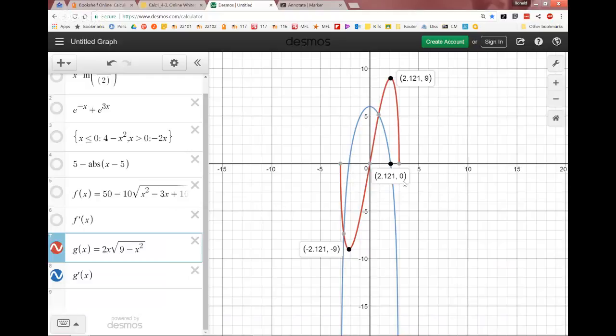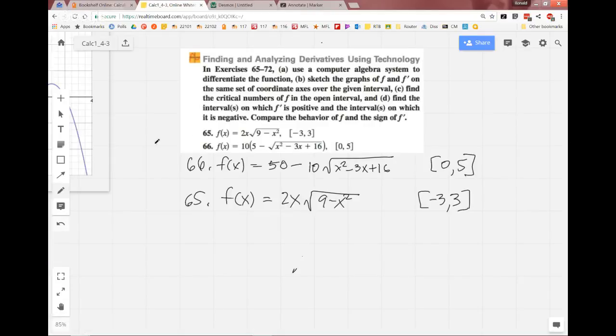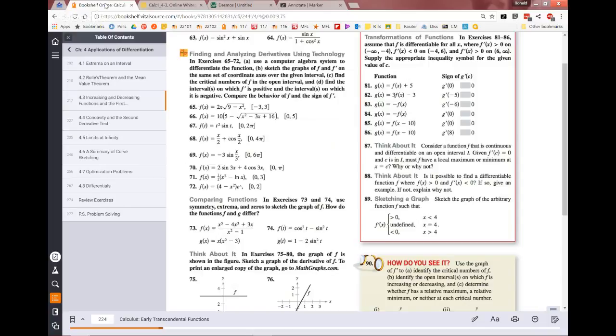Where are we? So I've got 73 and I've also got a 75. Is that correct? So 73, 75. Let's look at 73 next. All right, 73, book. Here we go.